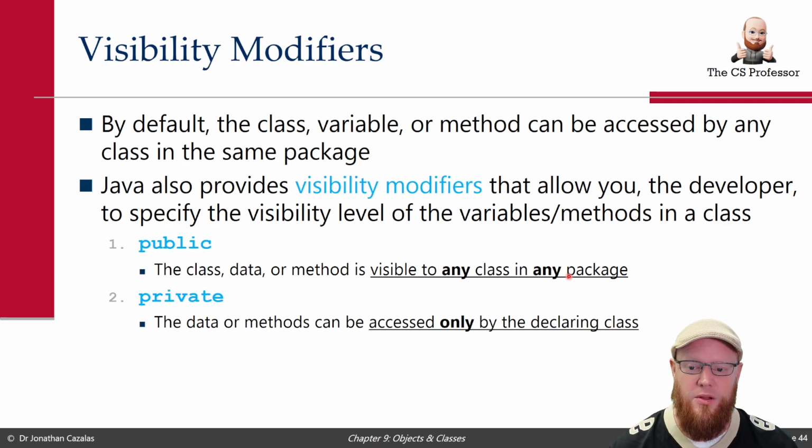By default, the class, the variable, or a method can be accessed by any class in the same package. And remember, package, even though we usually don't use packages because we're not making large pieces of software with maybe hundreds of Java files working together, we're usually making one or two Java files, right?